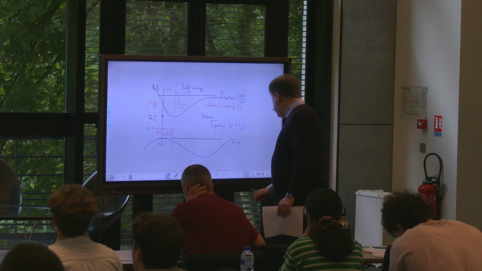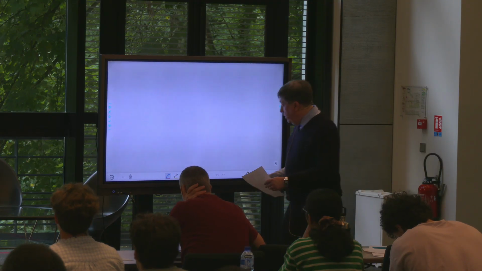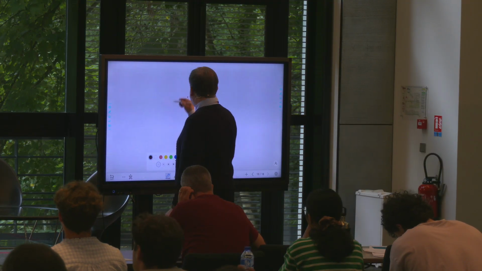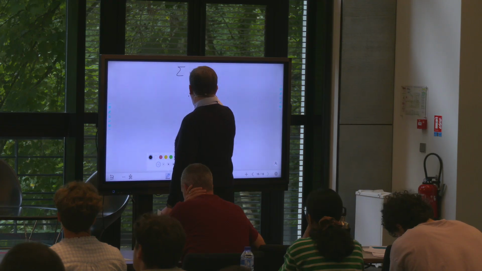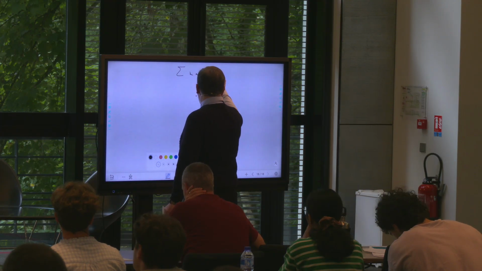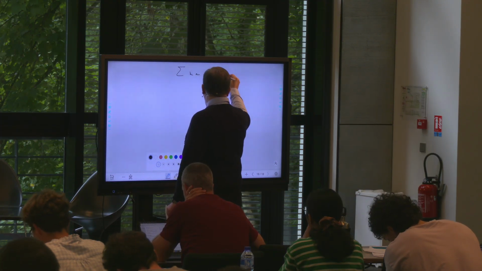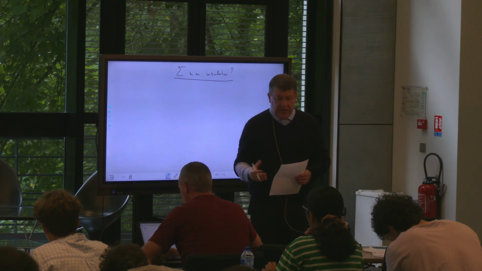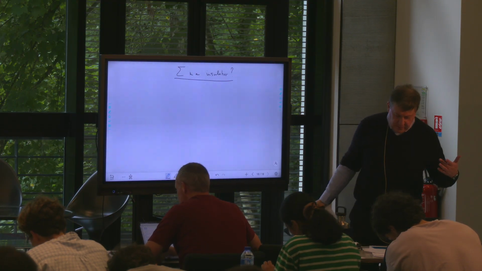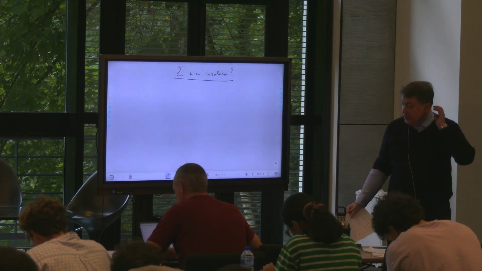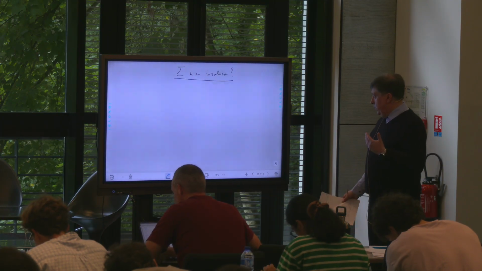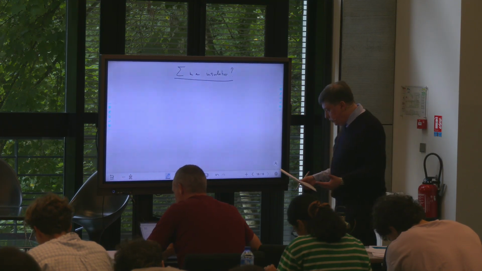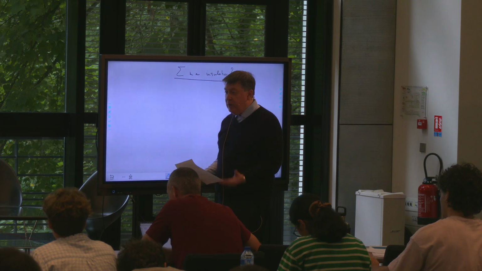Finally, I want just to say one remark about sigma in an insulator. Because I said the self-energy is great, you can extract a lot of physics in the Fermi liquid behavior, but what about an insulator? The self-energy is well defined.